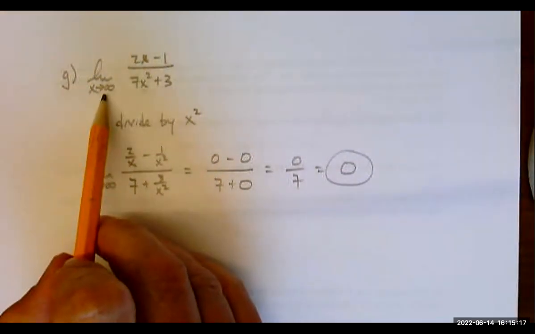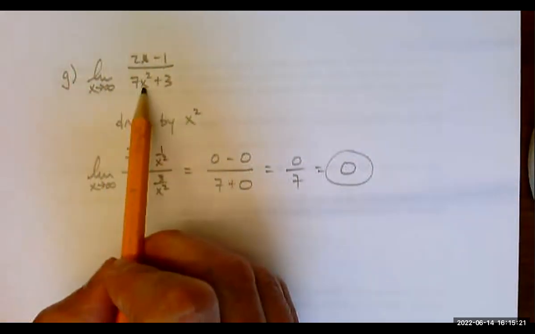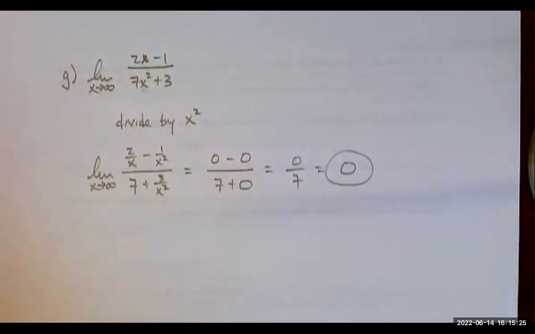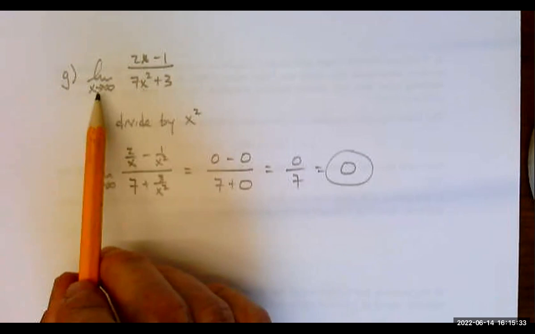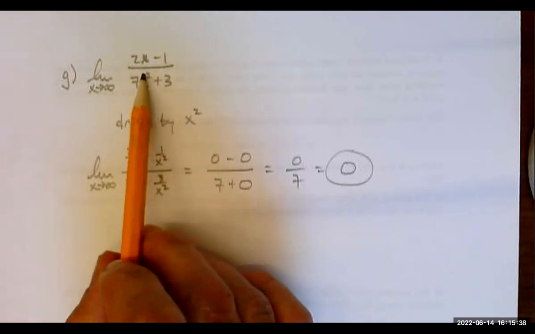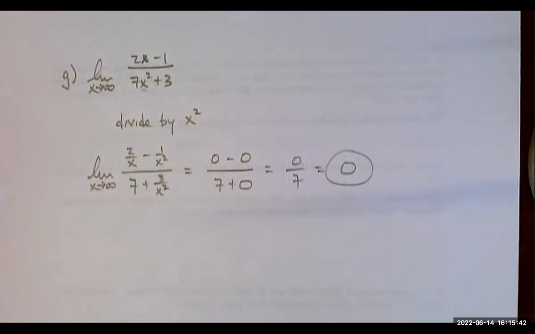And here's kind of why it's dangerous to think about it as infinity squared. x is approaching infinity. Think of it more like the x values are getting bigger and bigger and bigger. So maybe like x equals 10 versus x equals 100 versus x equals 1,000. Well, 1,000 squared is much bigger than 1,000.